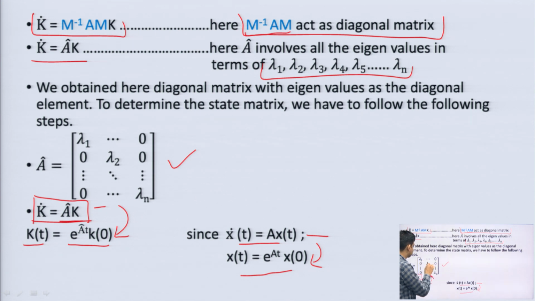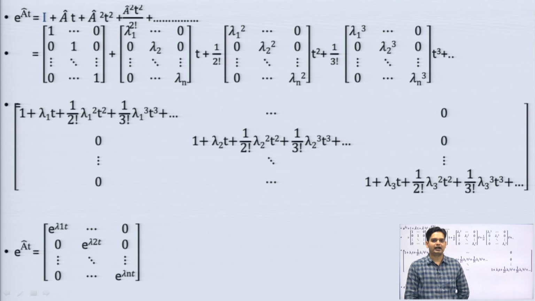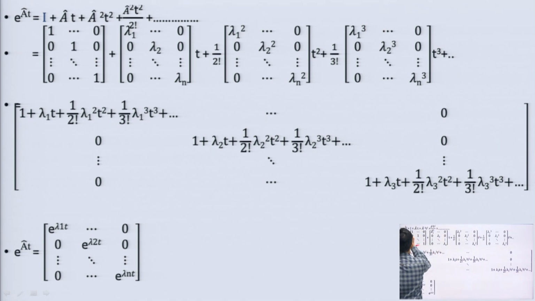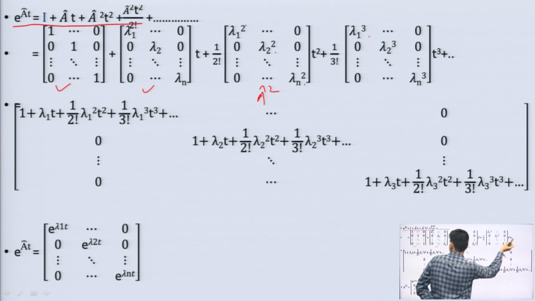My A matrix is now a diagonal matrix which consists of all the eigenvalues. So, this is the expansion of the series exponential of e of A t. This is the identity matrix, this is A cap t with lambda 1, lambda 2 as diagonal elements, this is A cap square with lambda 1 square, lambda 2 square, lambda n square, and this is the cube matrix. Okay. This series will go on.